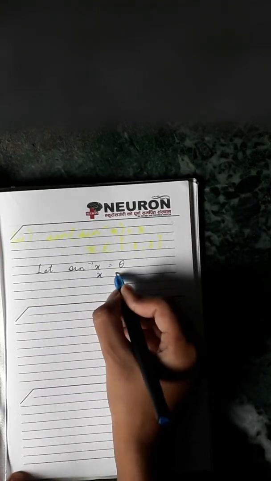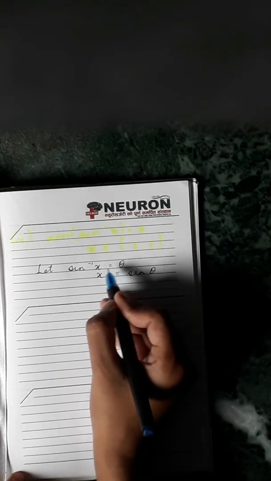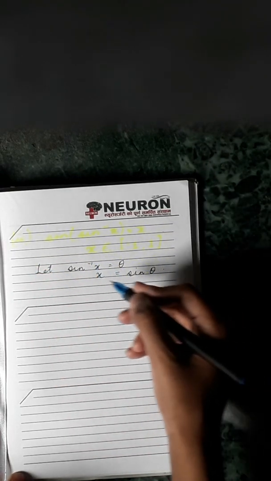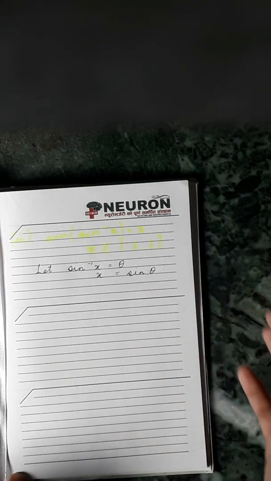So x is equal to sine theta. See, x is equal to sine theta. When you take this sine inverse from RHS to LHS, then it will become sine. It will get attached to theta. x is equal to sine theta. This is the way in which you solve the inverse functions.